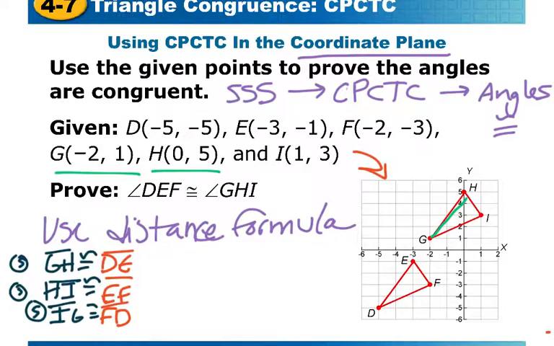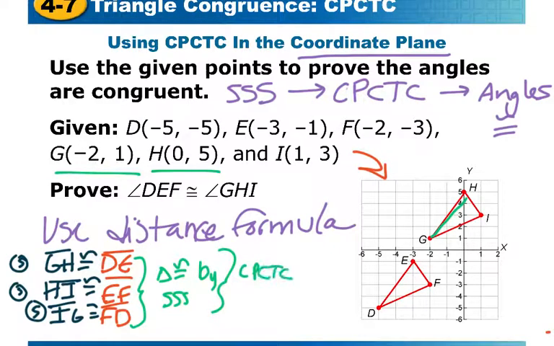Alright, and so now because we have side, side, side, we can then say that the triangles are congruent, and then we can say that CPCTC says that any angle within them, which they're saying DEF, so that's this one, and GHI, so that's this one, are congruent.